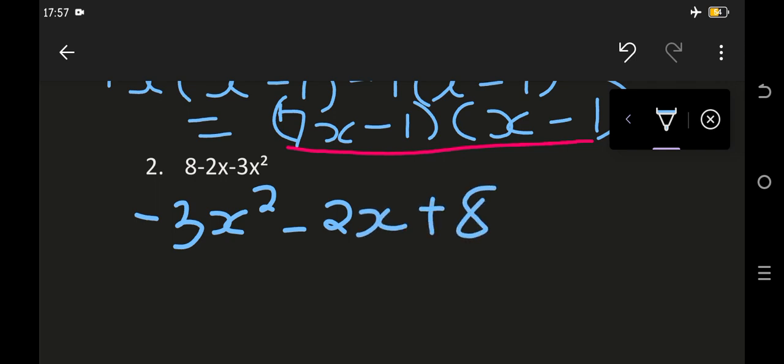Now, because the expression is already in its simplest form, we are just going to be looking for the factors such that when you multiply them, you're going to get negative 3 times 8, which is negative 24, and a sum of negative 2. But first, let us look at the factors that will give us 24.